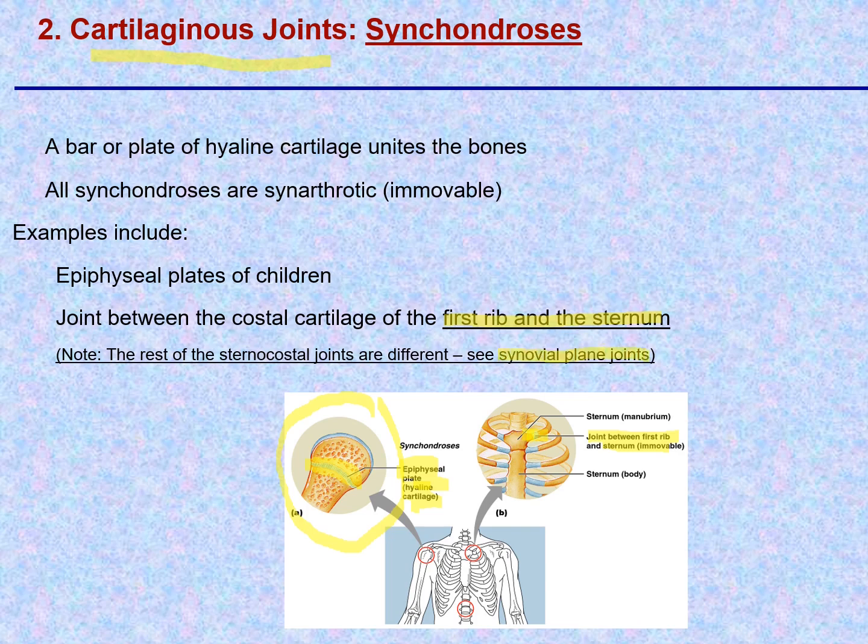They have synovial plane joints. And then the last two pairs of ribs, the 11th and 12th pair, are floating ribs with no joint connecting them to the sternum, no connection to the sternum at all.